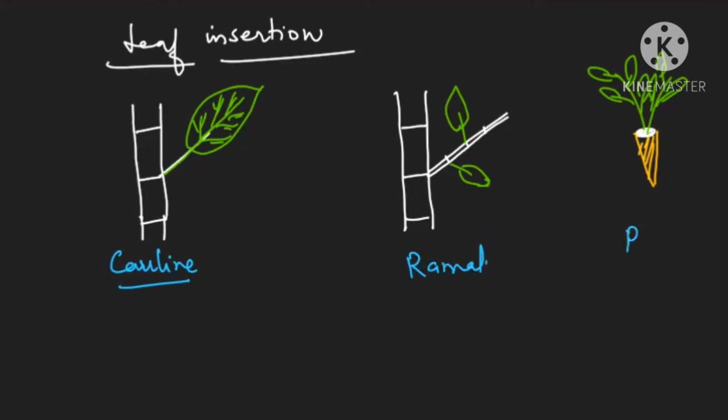And this is known as radical leaf. Is it clear? Are they present on the main stem? We say cauline. If they are present on the branch, then we say ramal. And if they are present on the root, actually they are present on the reduced discoid stem, but they give an appearance as if they are coming from the root, so we call such leaves radical leaf.